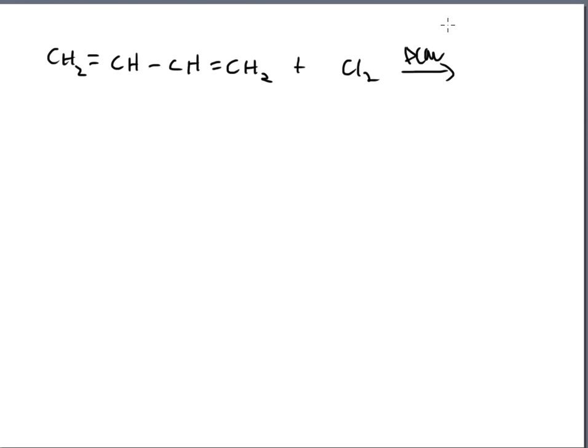So back in the day, you would look at this structure and you would be like, hey, I know what would happen. So I'm going to draw a structure, CH2. I'm just going to replicate what we started off with. Here, here, there, and there. And you would say, hey, listen, there's a double bond here and a double bond there.